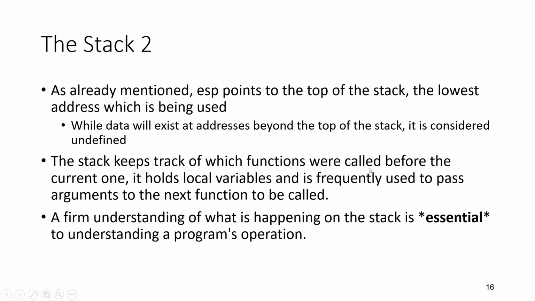So the stack keeps track of which functions are called before the current one. It holds local variables and frequently passes arguments. So what it means is, if there is a function called main and it calls a function subroutine 1, the main stack is stored and a new stack frame is created for subroutine 1, and if subroutine 2 is called by subroutine 1, then again a new stack frame is created for subroutine 2.